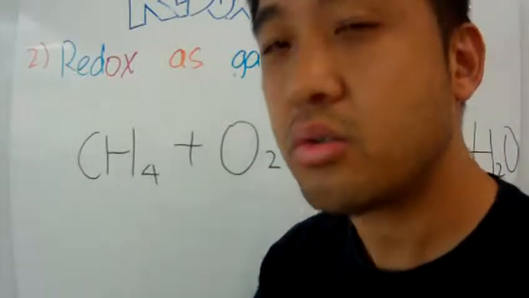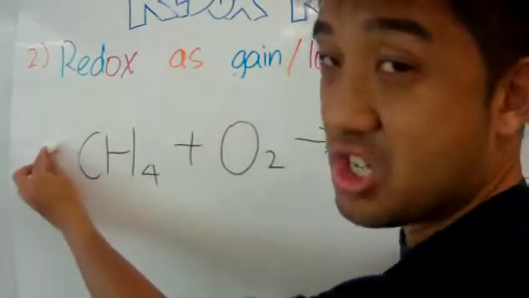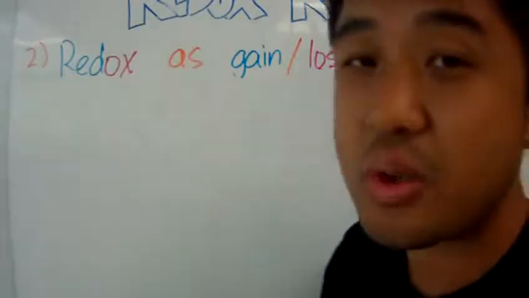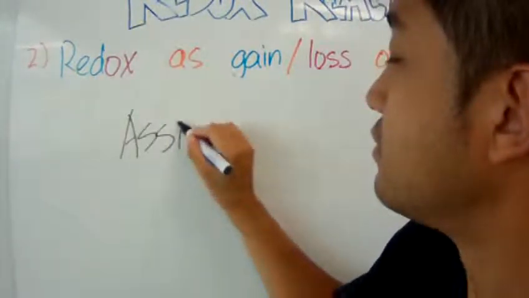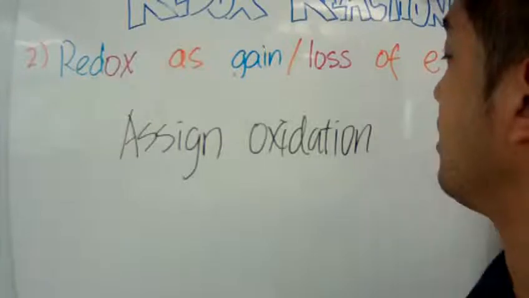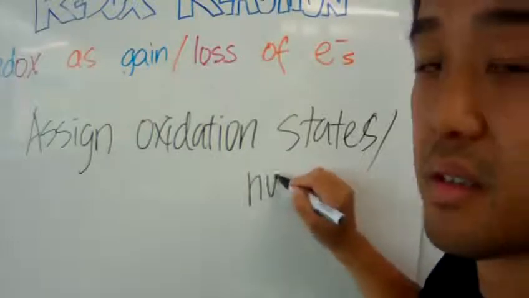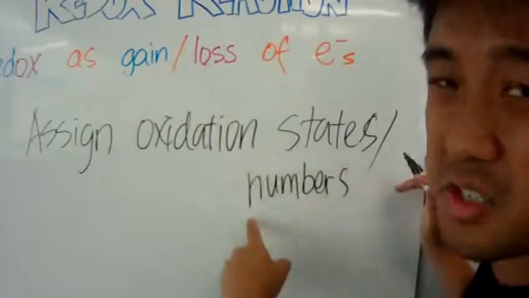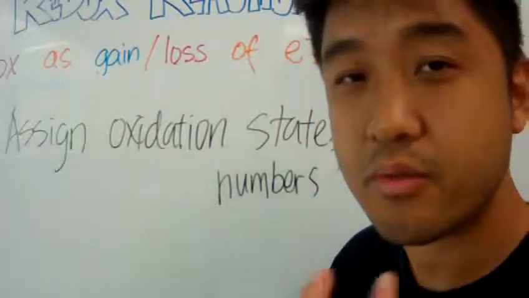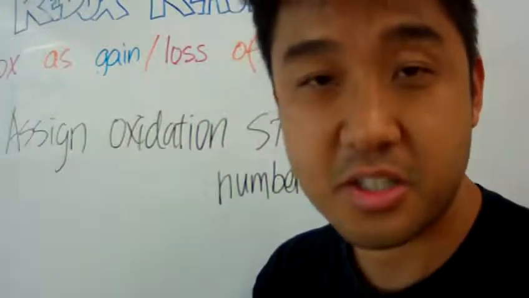And to do that, you first need to know a system, which is assigning oxidation states or oxidation numbers. Now these actually have different meanings, but they are representatively the same in most resources that you come across, but they are slightly different, and I will talk more about it next video.